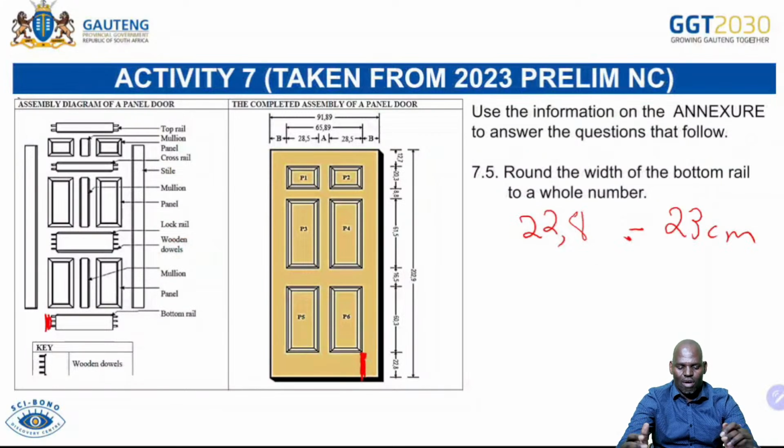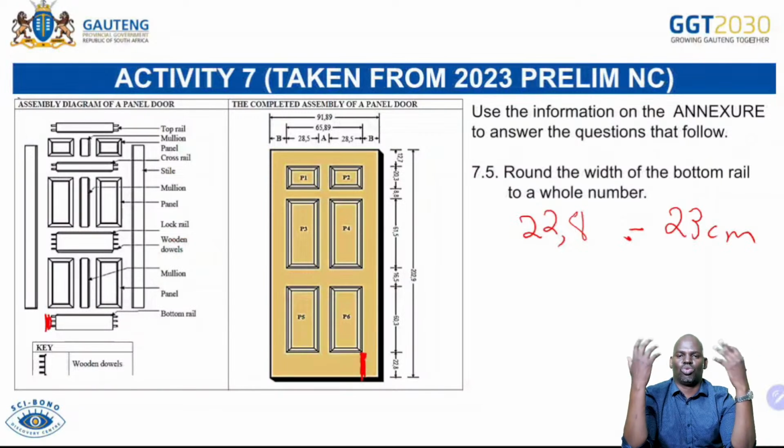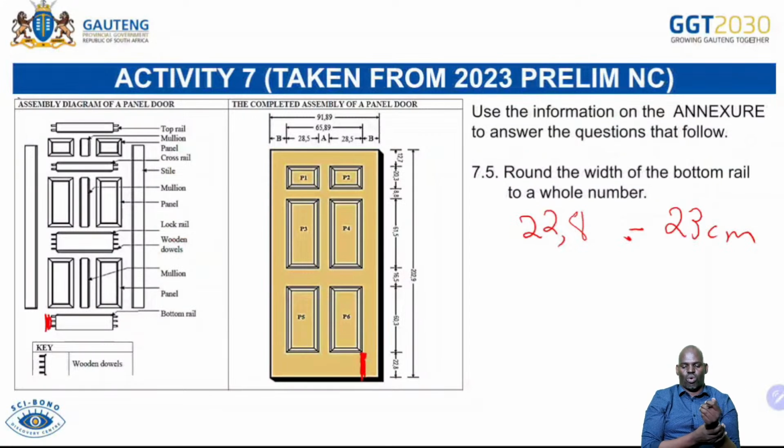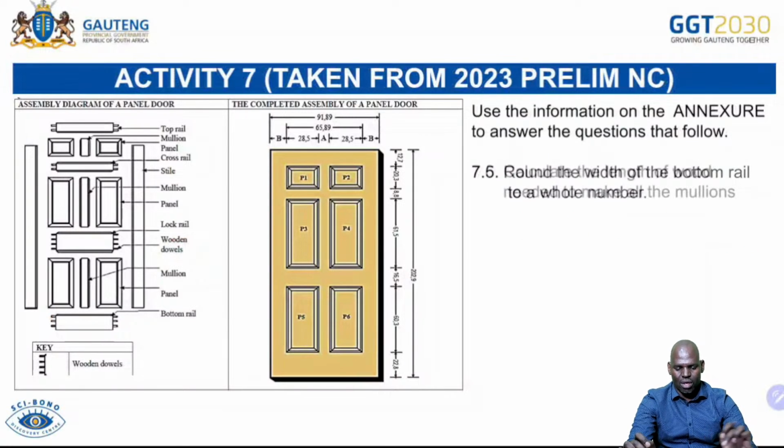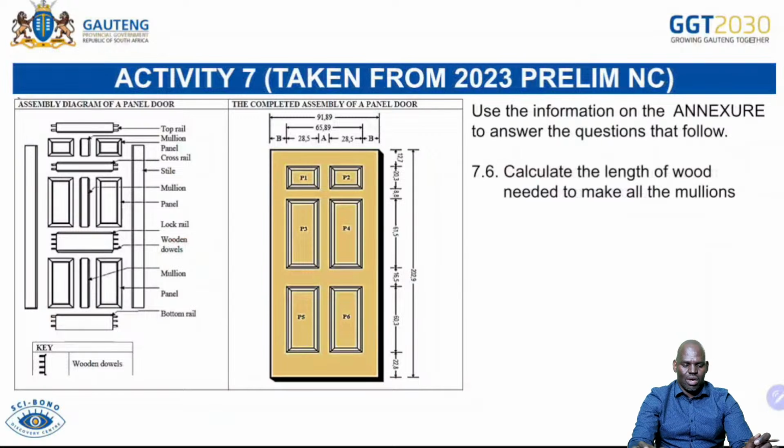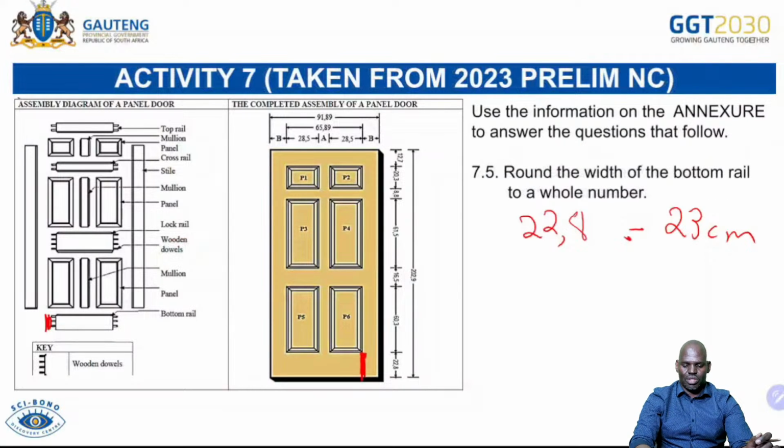Like in this case, it's 22.8, which is clearly indicated there. It is actually up to you to make sure that you interpret the given information correctly. Right, then that was number 7.5, 23 centimeters.